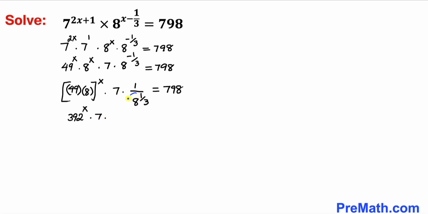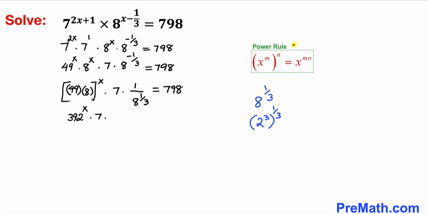And now let's focus on this 8^(1/3). Here I have copied it down, and we can see that 8 is same as 2^3. So therefore we can write this thing as (2^3)^(1/3). Now let's recall this power rule once again. We are going to apply it over here.